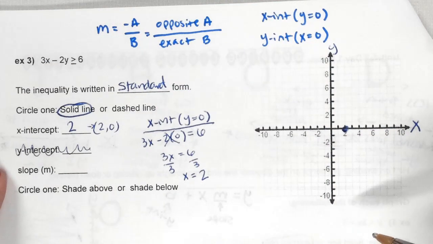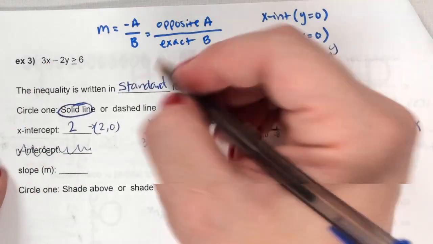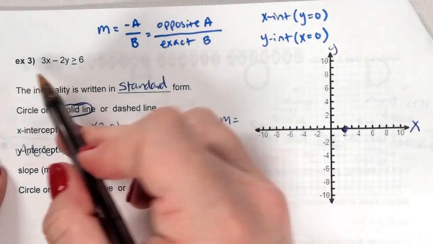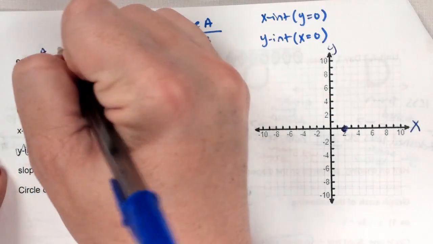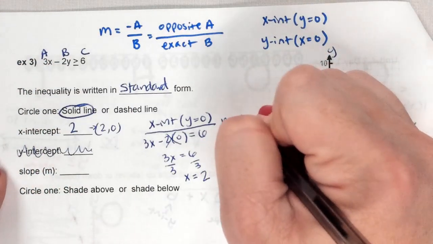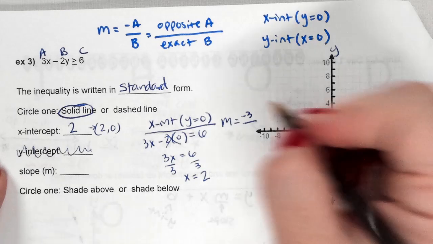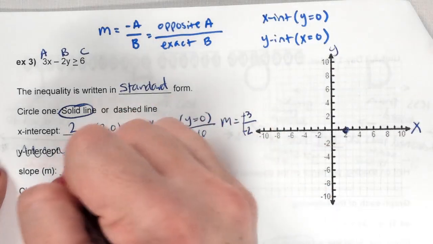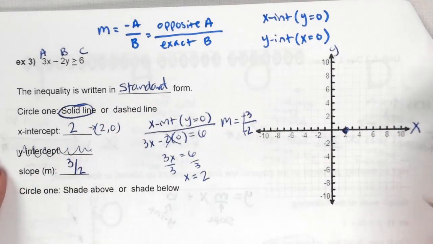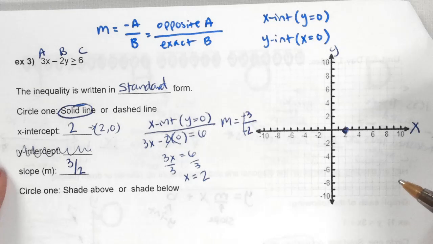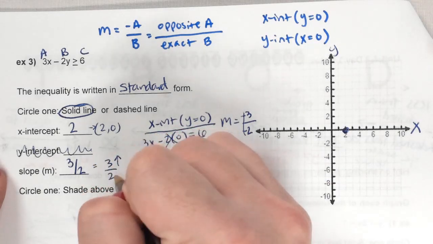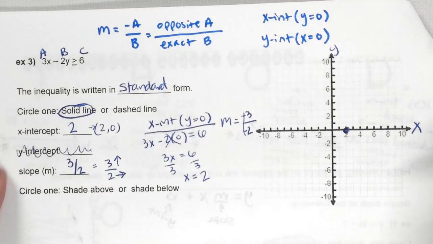And then I have to find my slope. Well, slope is opposite of a over exact b. So what is opposite of a? Over exact b. And 2 negatives makes a positive. They cancel each other, the negatives do. So this becomes 3 over 2. Well, positive 3 over 2 tells me I'm going to rise 3, run 2.